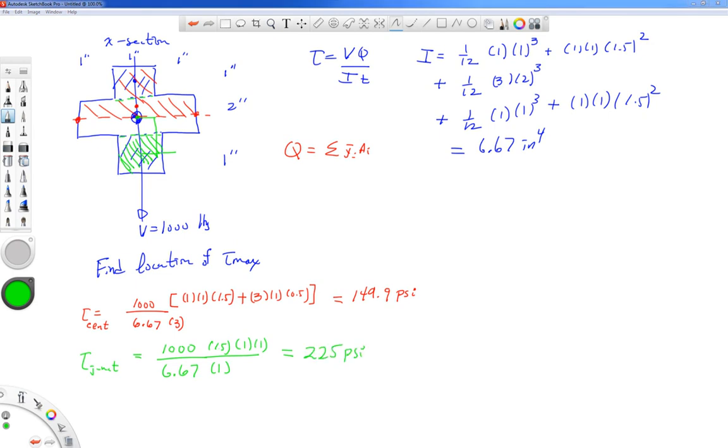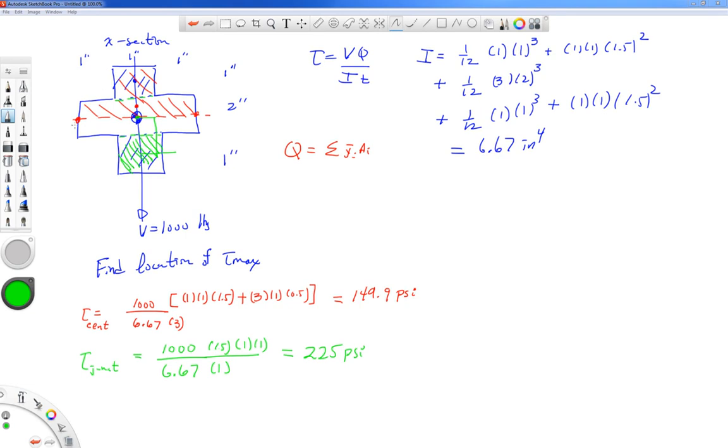I end up with 225 psi. So in this particular example, this is a little unusual. You have to have a special cross-section for this to work out. For this particular example, the transverse shearing stress is not maximum at the centroid, but it's maximum a little bit higher than the centroid of the cross-section, but only because the thickness of the cross-section changed.